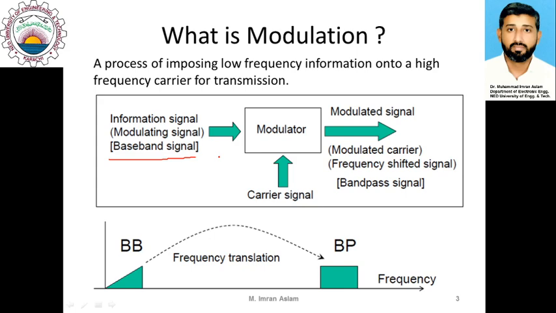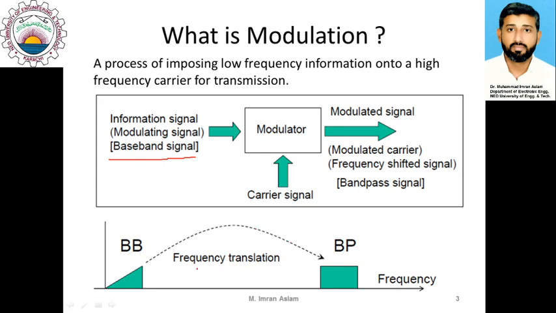Generally, the wireless channel allows propagation of relatively higher frequencies, and low frequency signals do not propagate to longer distances. So in order to transmit this low frequency baseband signal over a mobile radio channel, we need to have a frequency translation.